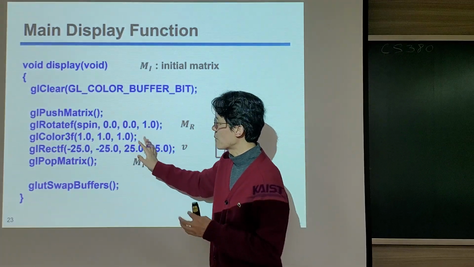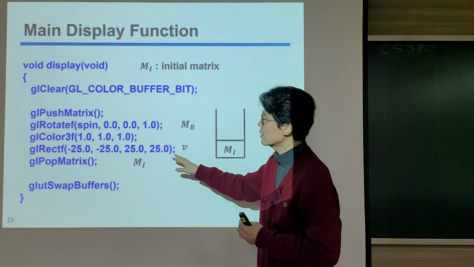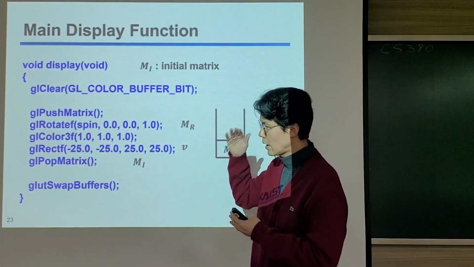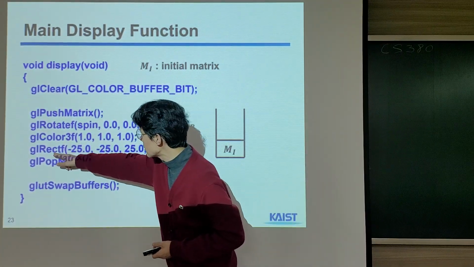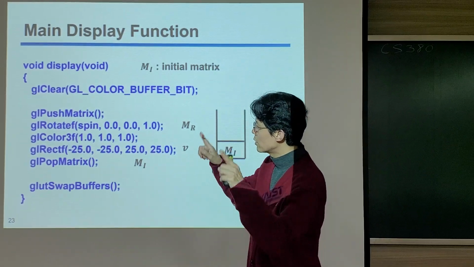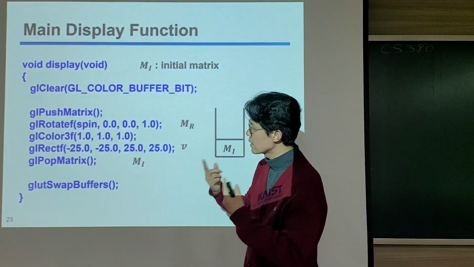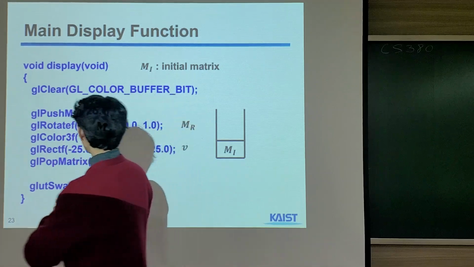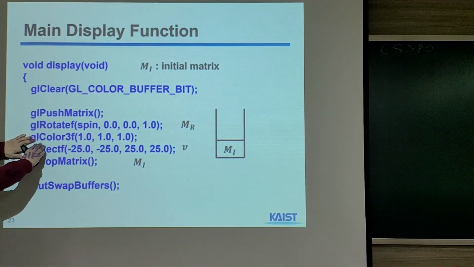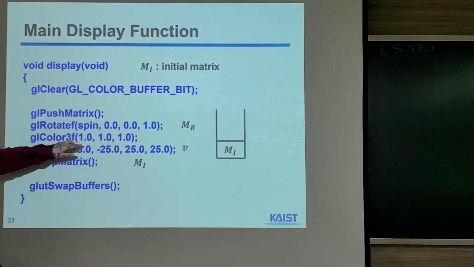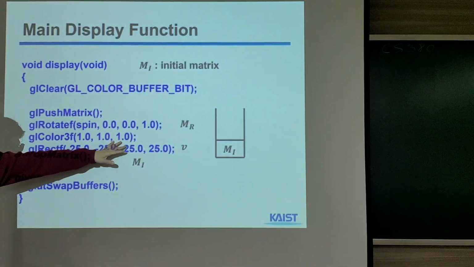I don't know what the parameters might be, but if you're interested, you can Google it. This just asks for drawing the rectangular shape, and then glColor sets the RGB color.